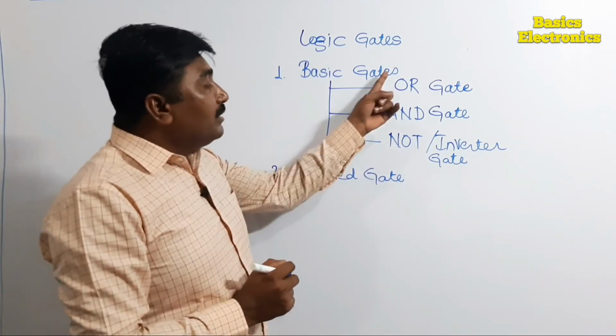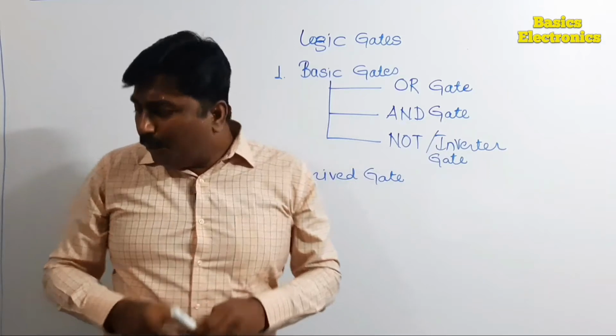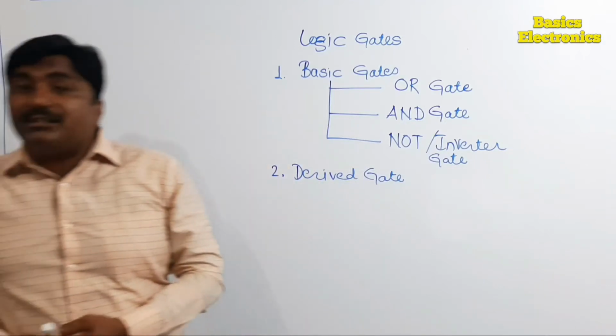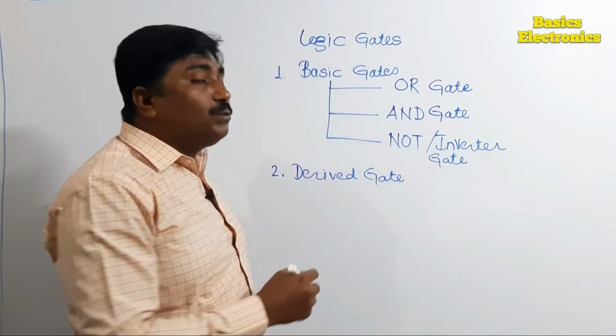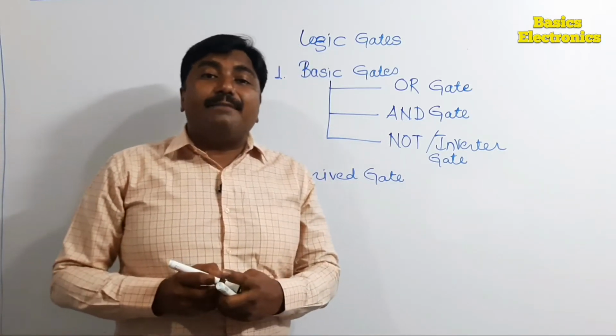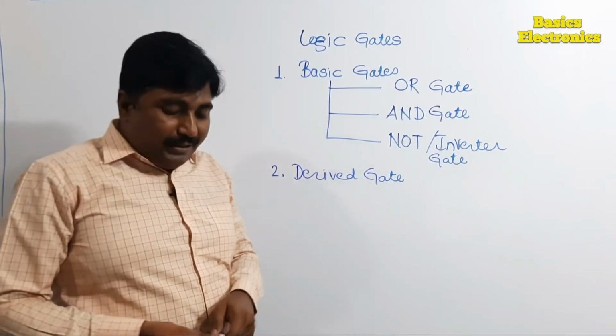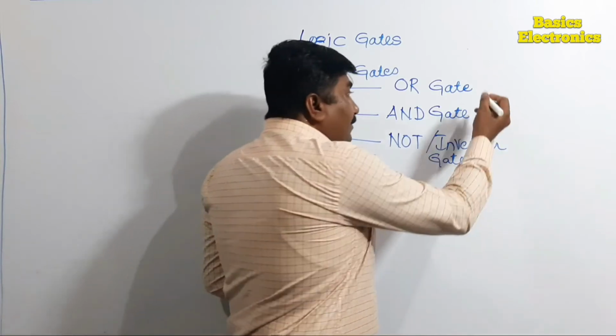So the three gates are there, but when we use one gate from these together with another, we get a different type of gate.